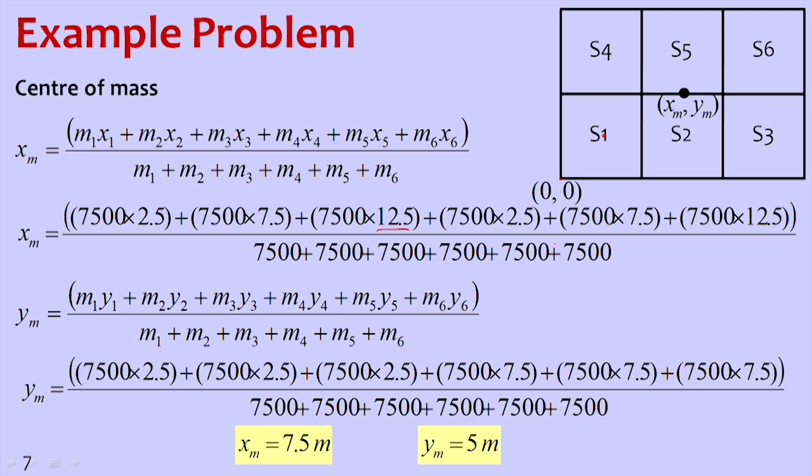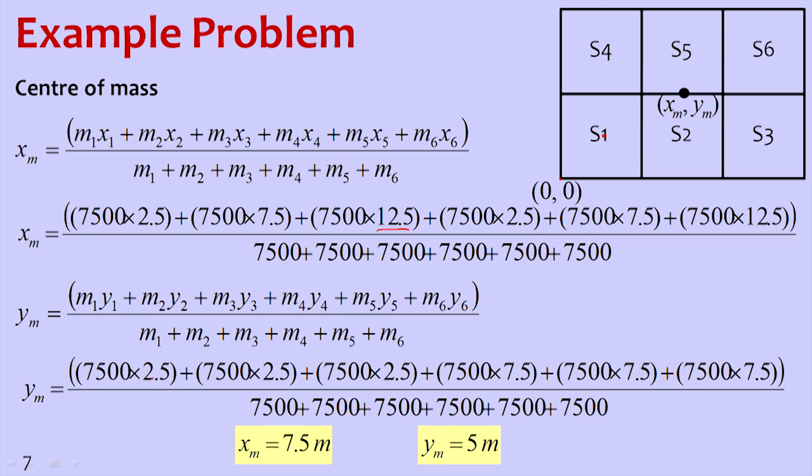Then we add up all the masses together, 7500 into 6, because all the slabs have similar mass. When calculating the y coordinate, we have the same formula: m1 y1 plus m2 y2 plus m3 y3 plus m4 y4 plus m5 y5 and m6 y6, divided by the total mass of all the slabs put together.